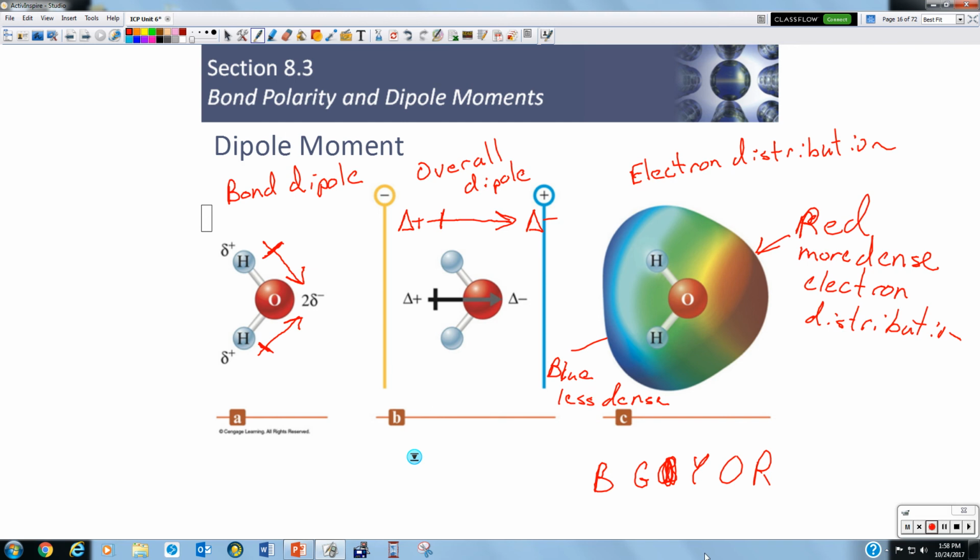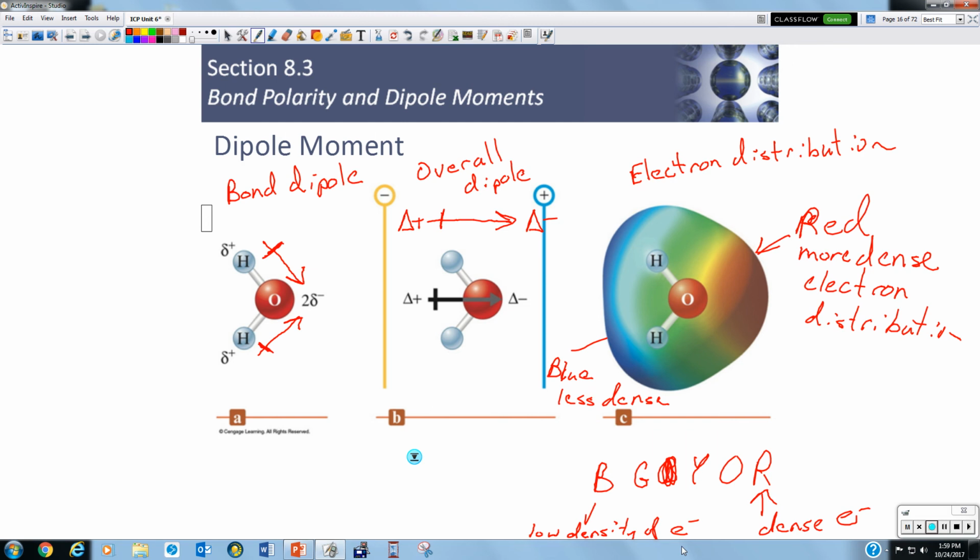It really doesn't include the indigo and violet. It's just these five. So red is dense electrons, and blue is low density of electrons. I guess sparse electrons would be a better way to say it.